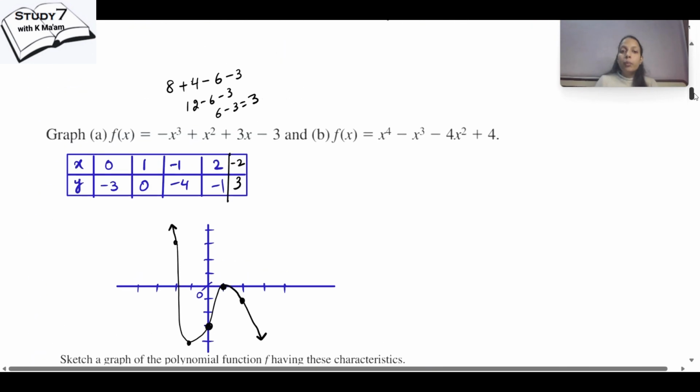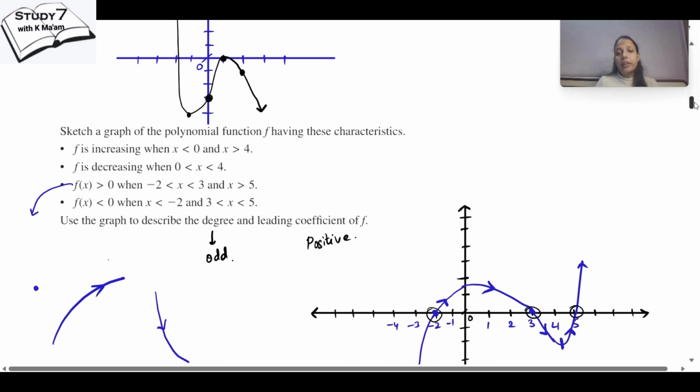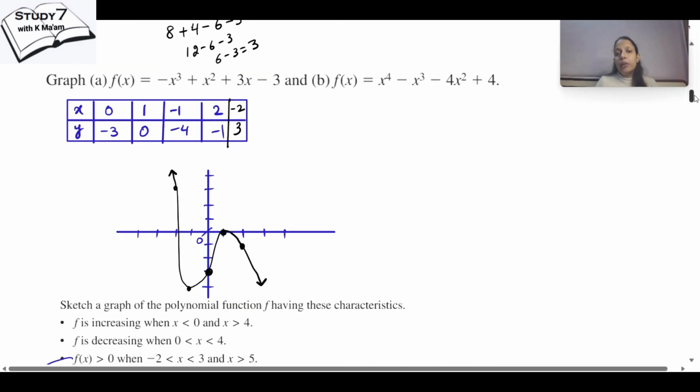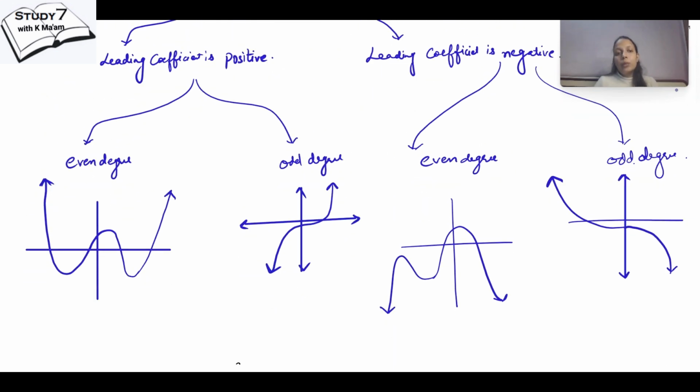Okay, so this was 4.1. 4.1 is polynomial graphing. This was important when these conditions are given and you are drawing. Here I can add one thing.